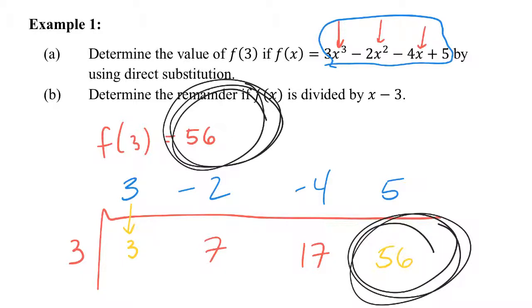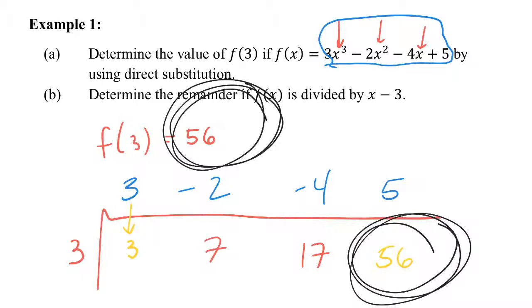Now, this is kind of weird. 3 is the x coordinate. Stay with me again. If I want to do direct evaluation, what's called direct substitution, I plug in 3, I get out 56. Is that clear that this is a coordinate? It's the same coordinate. Plug in a 3, what comes out is 56. So this is also called synthetic substitution.